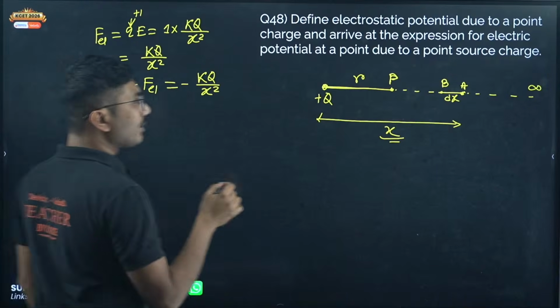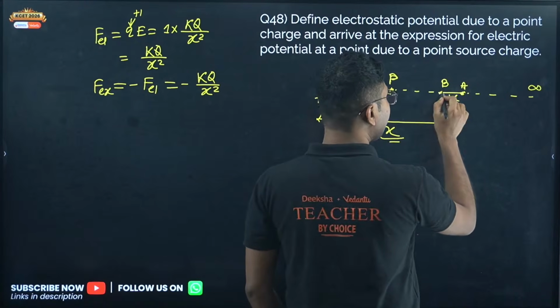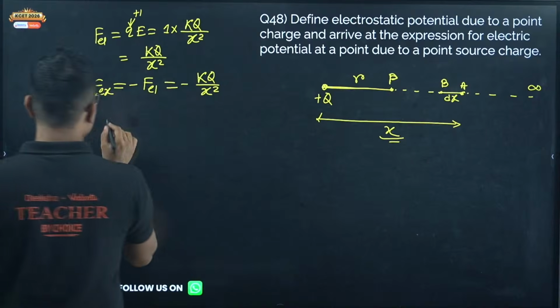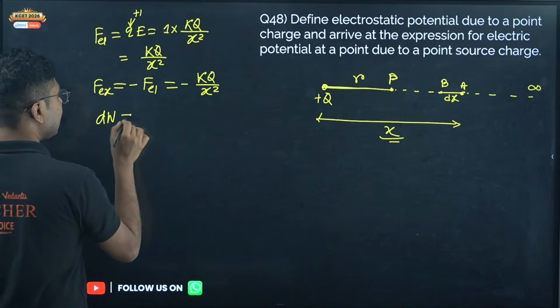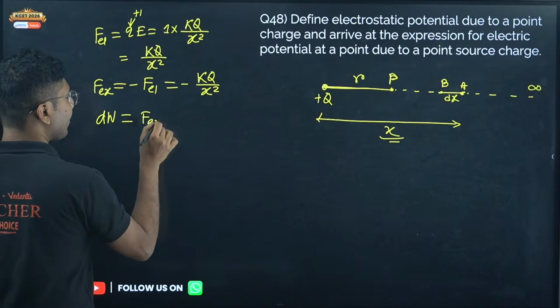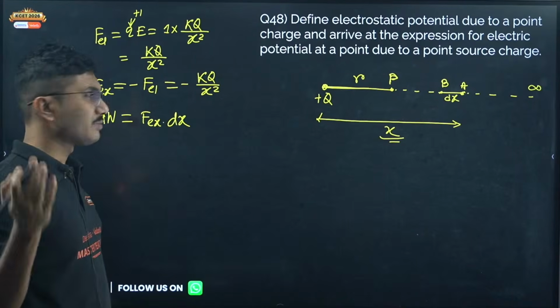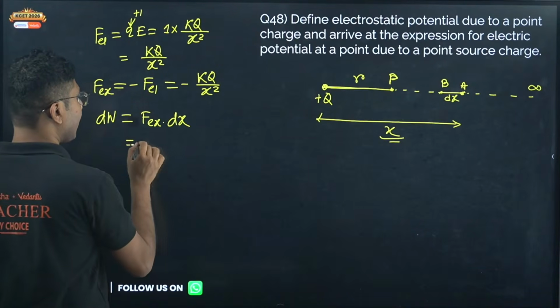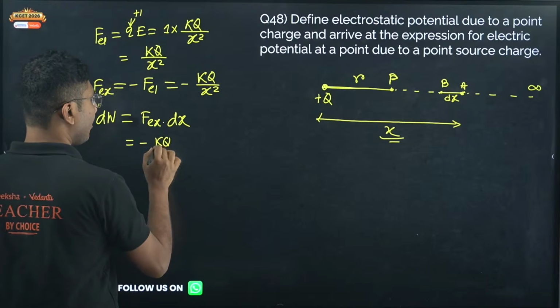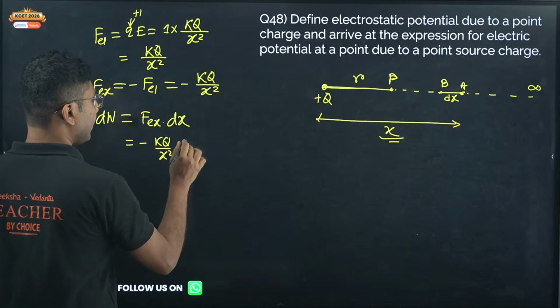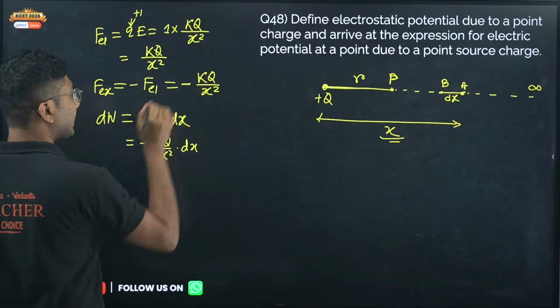Now what is the work done? Work done required to bring it by a small distance dx is given by the external force that you have applied into distance. Force into distance is work done, first PUC knowledge. So you will put that minus KQ upon x square into dx. Do not forget this negative sign.